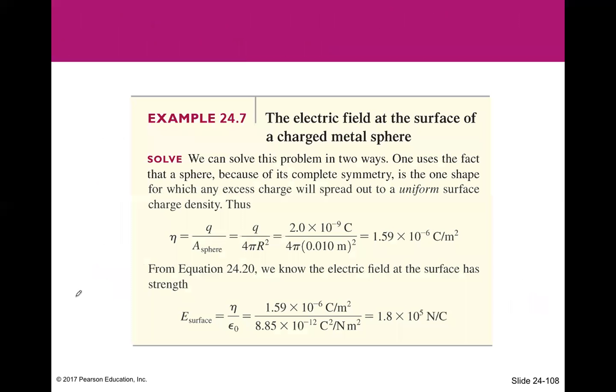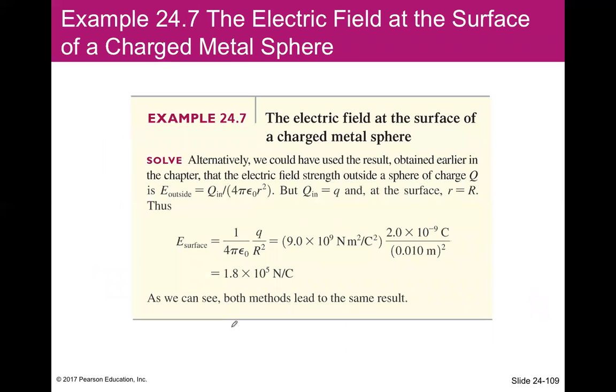So here it used the second way. First calculate eta, the charge density, because you know Q, you know A, you can calculate eta, and then we can simply calculate E using the equation here.